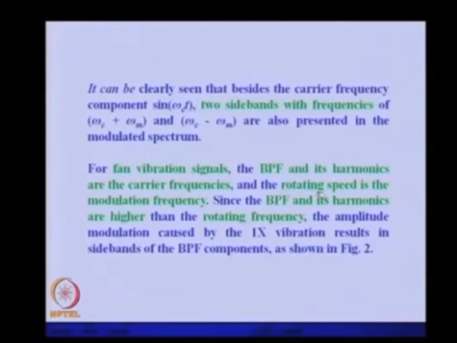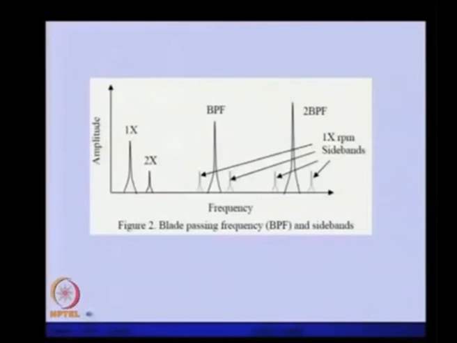Since the BPF and its harmonics are higher than the rotating frequency, the amplitude modulation caused by 1x vibration results in sidebands of the BPF component, as shown in the next figure.